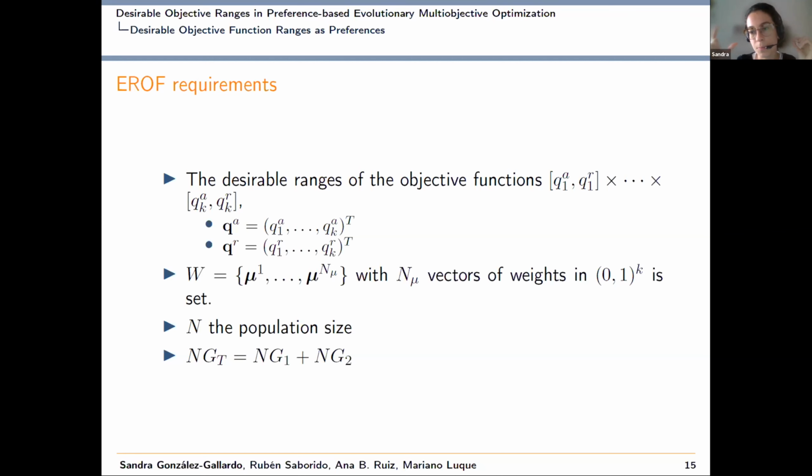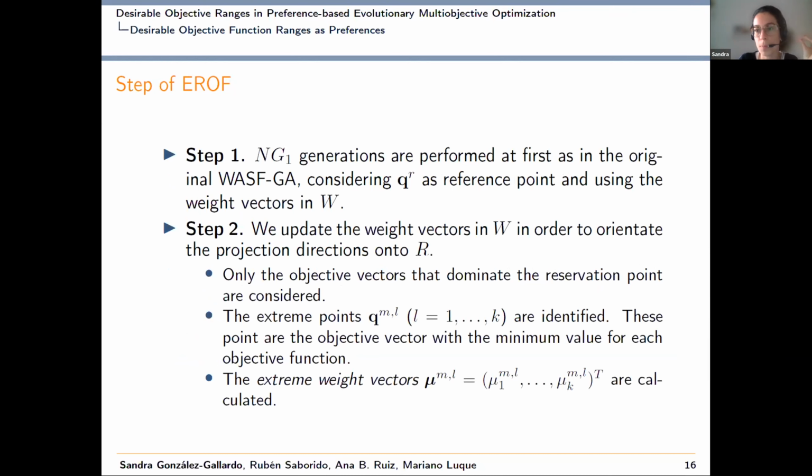The number of total generations is divided into two numbers, firstly ng sub 1 and ng sub 2. Well, the main steps of this algorithm are the following.